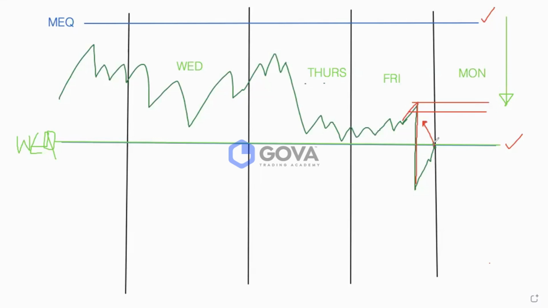You are expecting price to come back here on Monday or Tuesday or Wednesday, and then price should go down. That is how we usually trade the weekly equilibrium line.